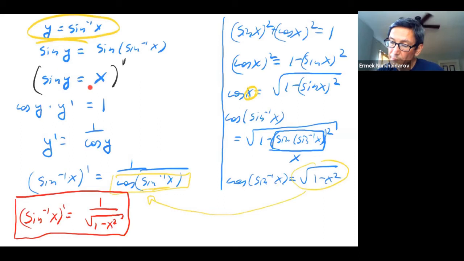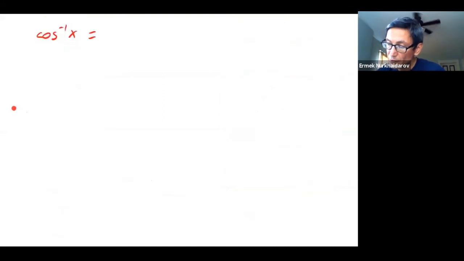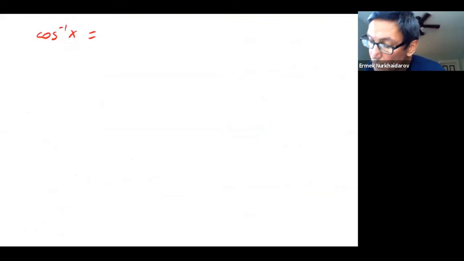Somewhere at this point, we're going to have an extra minus sitting up here, and that's the only difference. So we're going to get negative 1 over the square root of 1 minus x squared, and that will be the derivative of cosine inverse.